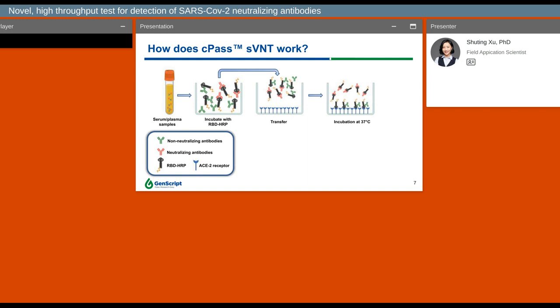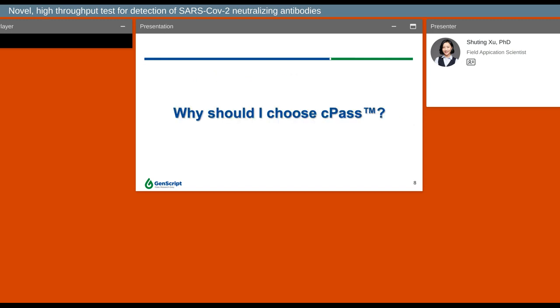With this temperature, you will allow the unblocked RBD domain to bind to the ACE2 receptor steadily. As you can know, afterwards, we can wash all the RBD domain away, which was blocked or neutralized by the neutralizing antibodies. And then we can read the plates with the signal of OD and the readout.